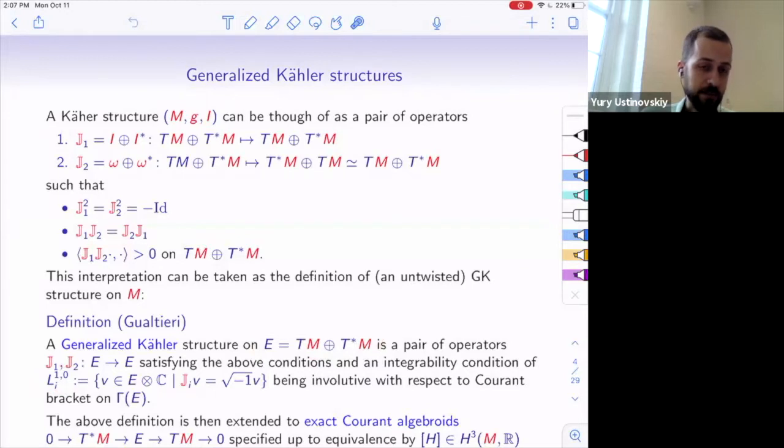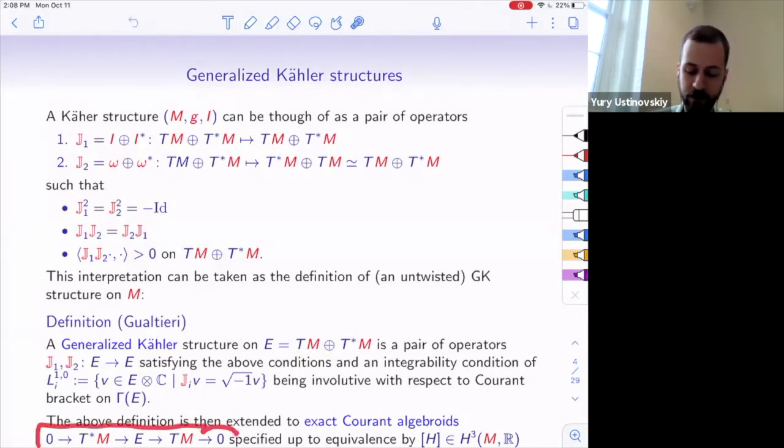And this definition can be extended. It needs to be extended for our purposes to exact Courant algebroids. So this is actually not a direct sum of tangent and cotangent bundle, but rather an extension like this, where these pieces are glued together using a B transform.